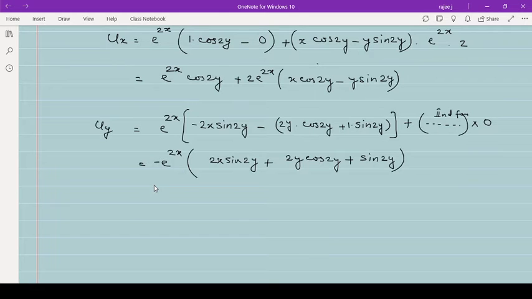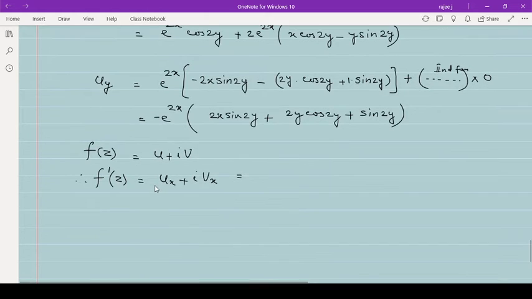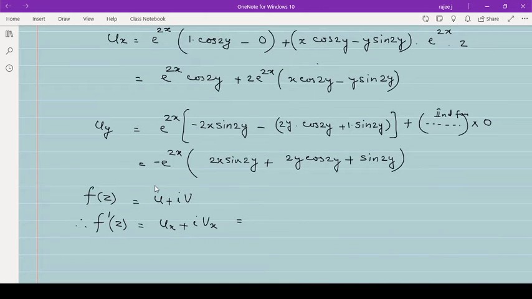Now since f of z equal to u plus iv is the required analytic function, we can write f dash z is equal to ux plus ivx. We assume this to be the required analytic function.